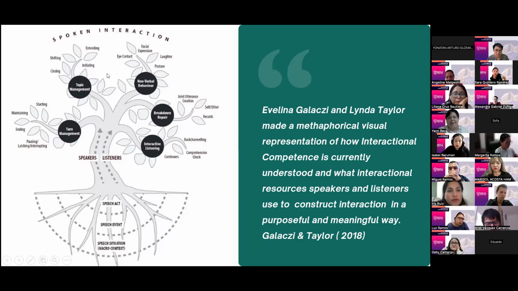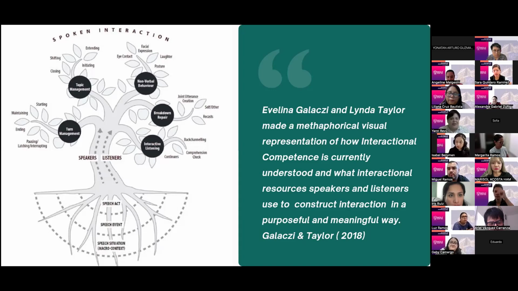From each element, the learners need to make use of the other resources. For example, in turn management, that is the point where I'm going to focus, it's important to help learners know how to start or initiate, and what remarks to use to start or end a conversation.